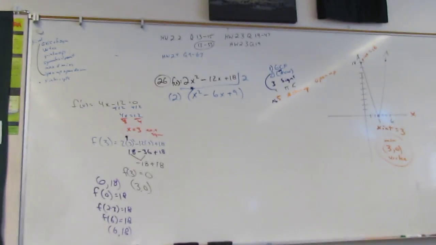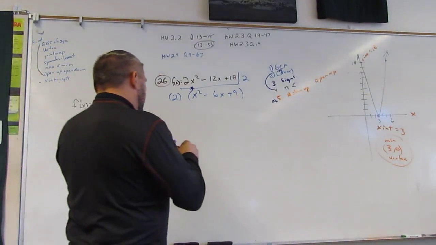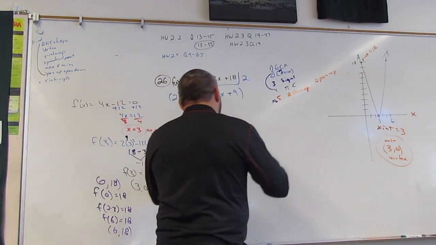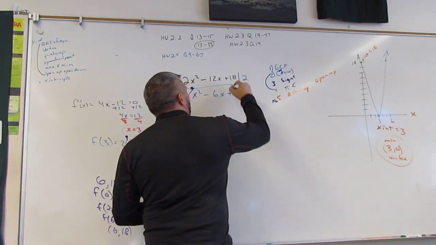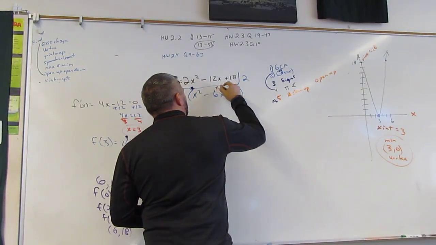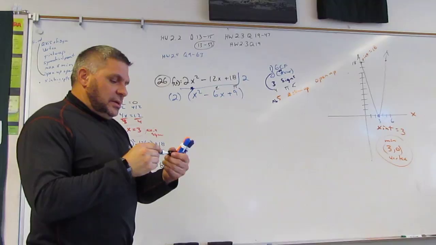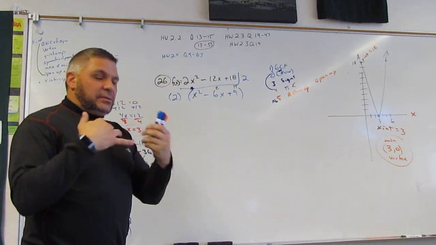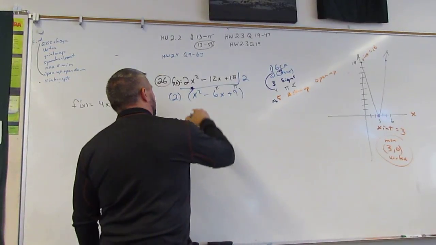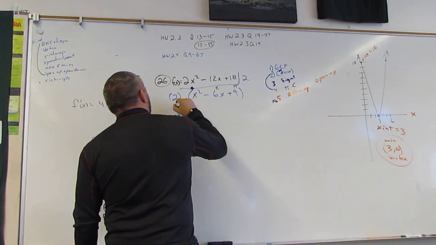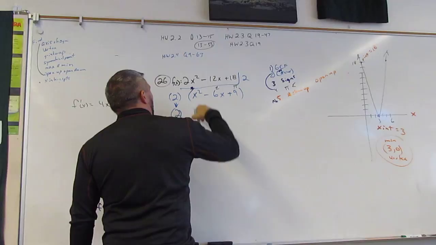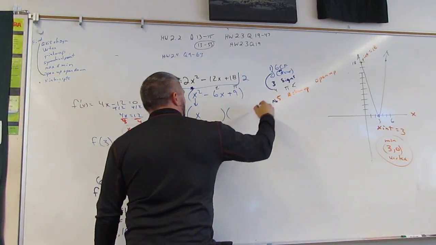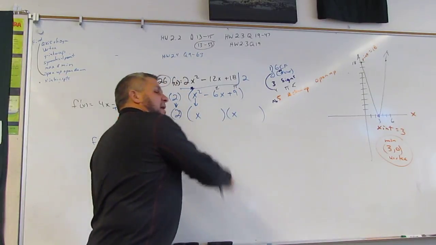Okay? So the key here is we have our product and sum. This is your product. This is your sum. We have our signs and we have our parentheses star variable. So this comes down into both pieces.